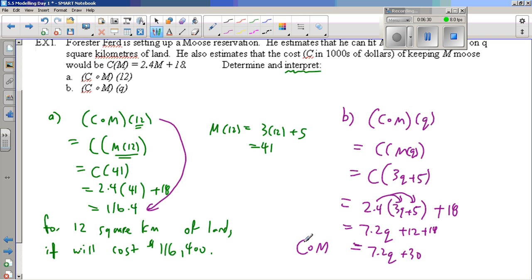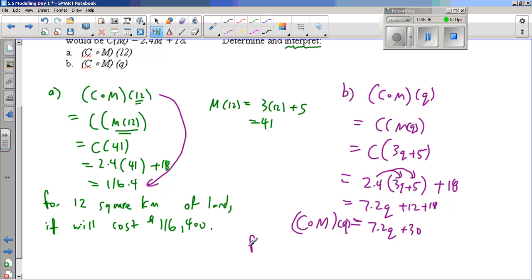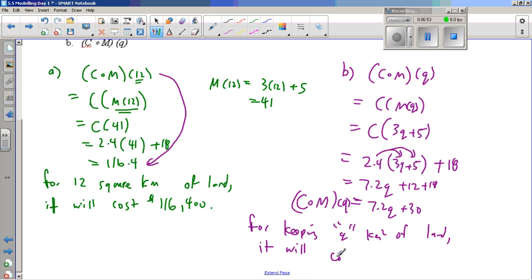So what does that mean? Well, what that says is for keeping Q square kilometers of land, it will cost $7.2Q plus $30,000.